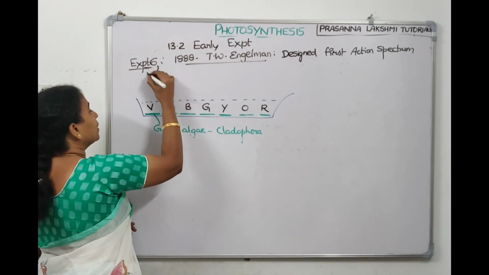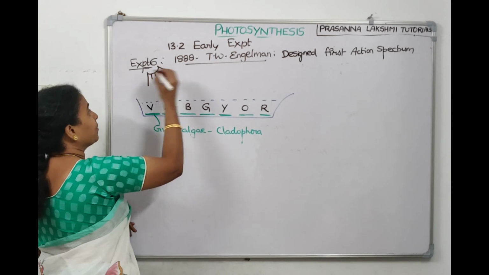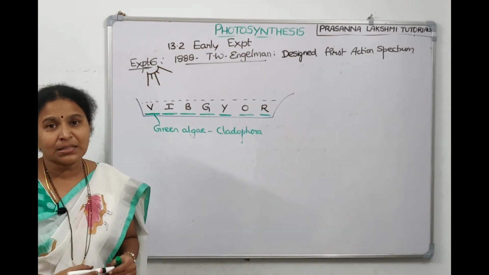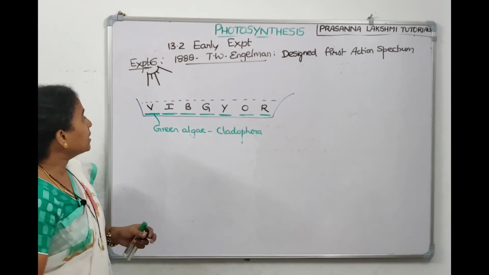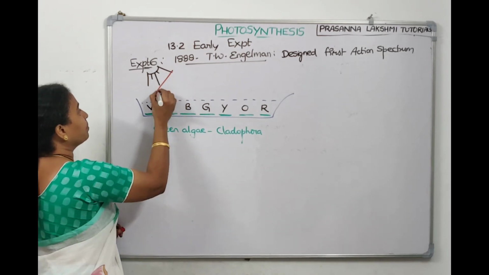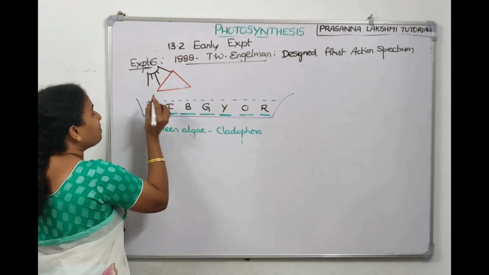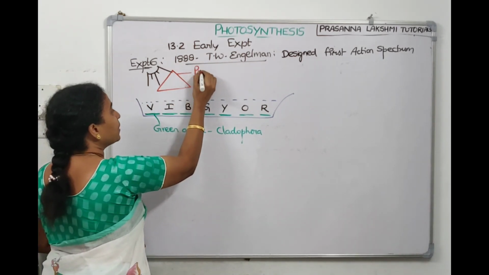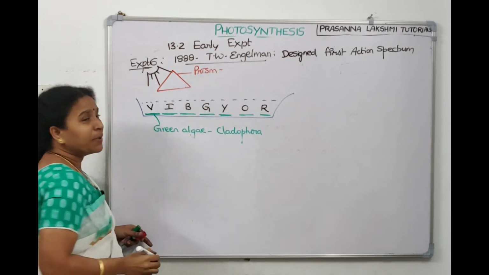So from here the sunlight is coming. He passed the sunlight through a prism. Now what will the prism do?